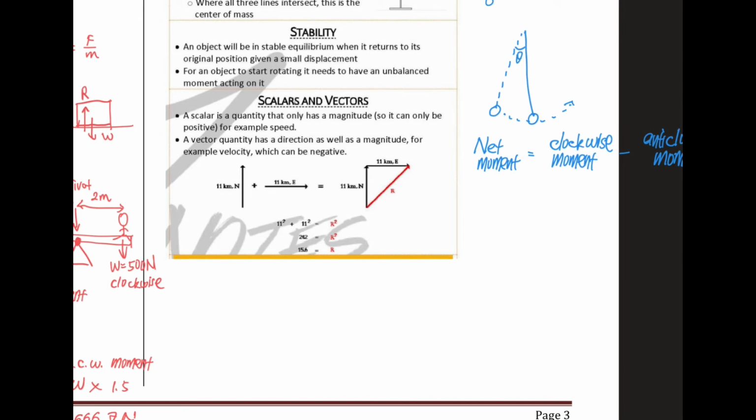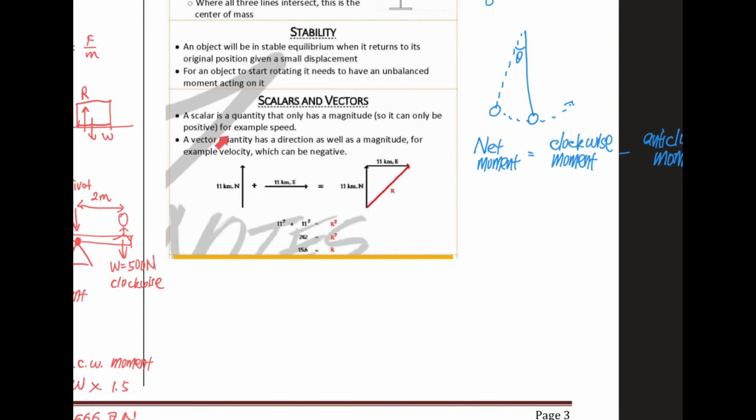The next subtopic, scalars and vectors. Okay, so a scalar quantity is a quantity that only has magnitude, so it can only be positive. For example, speed is a scalar quantity. Besides speed, you can also take distance. Distance is also a scalar quantity.